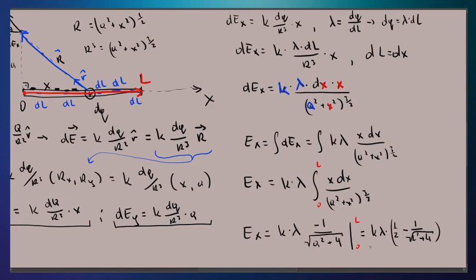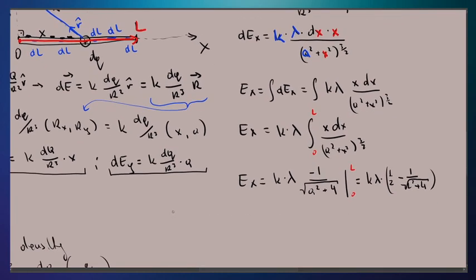Now you could do a little more with this, because you could write that lambda is just q, the total charge, over L, and so Ex becomes kq over L times, half minus 1 over the square root of L squared plus 4. Nope, my calculator lied to me.